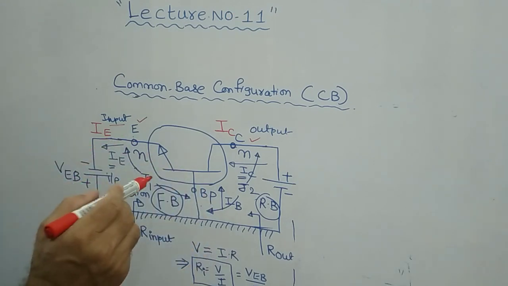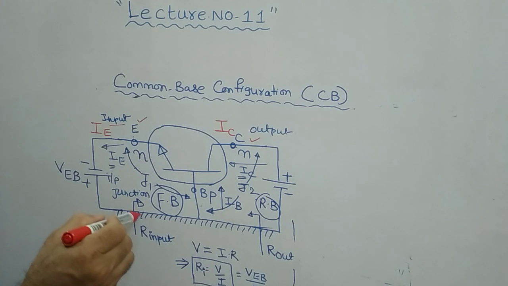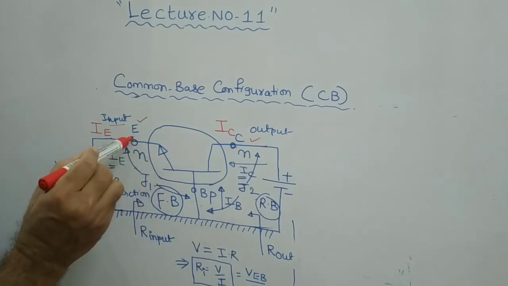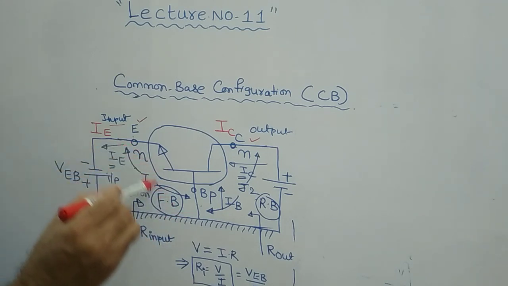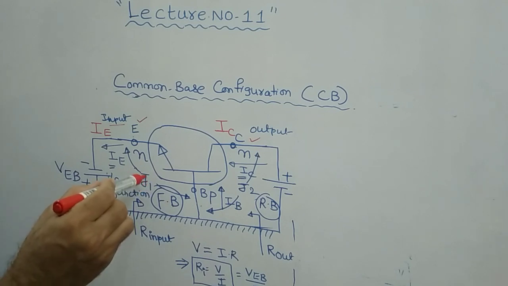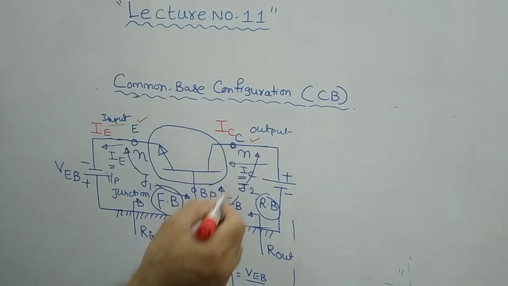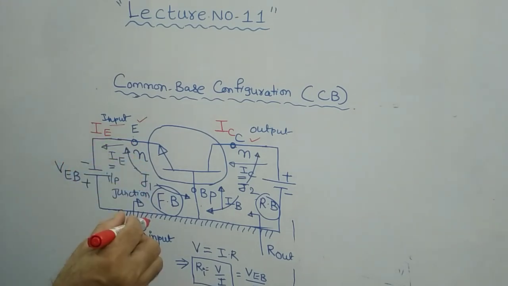Again remember, as I explained in the previous presentation, the input junction, between emitter and base, must be forward biased. Whereas the output junction, between collector and base, must be reverse biased. Remember that, right? The input junction must be forward biased and the output junction must be reverse biased.